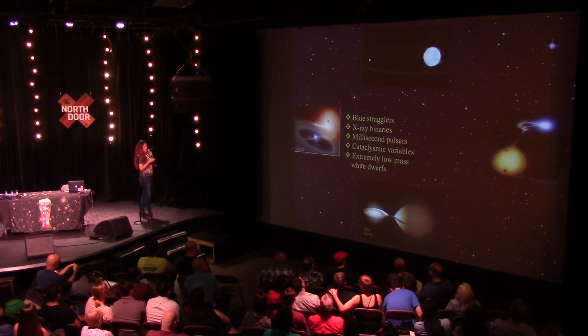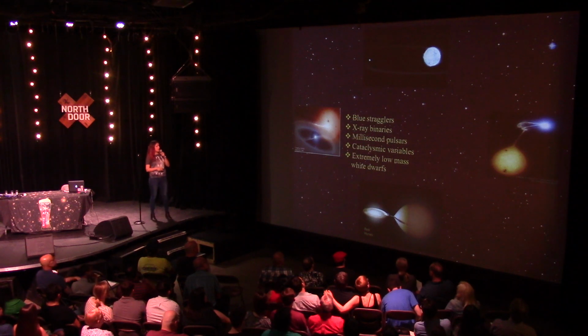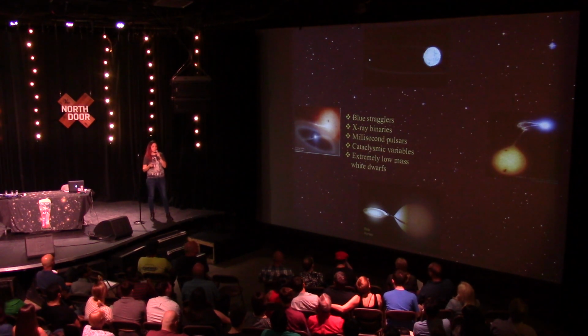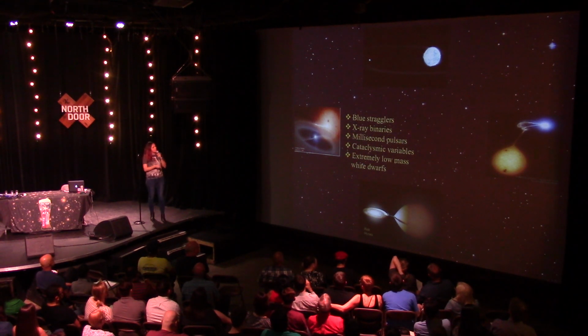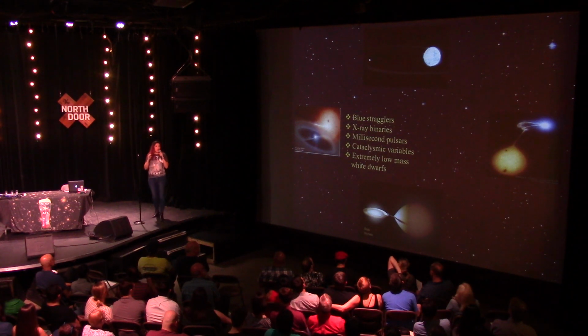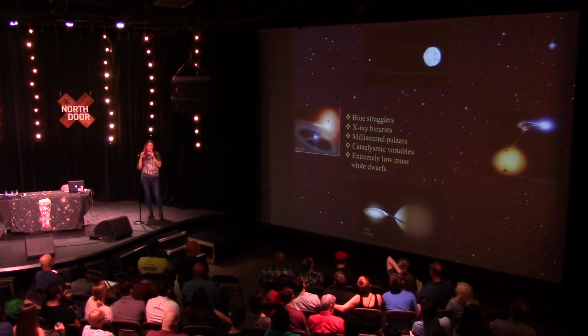So some of the binaries that are stellar exotica are the blue stragglers. I'm going to show their position in the color magnitude diagram, that you guys know right now, in a few seconds. Blue stragglers are the result of a binary system that actually merged.